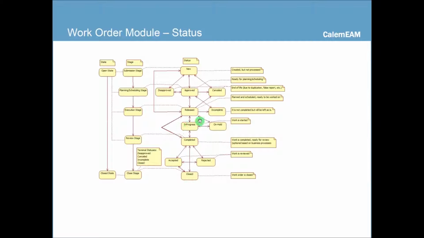And a work order can then be completed. It can optionally be accepted or rejected, then closed. You can see the approved status maps to the planning stage, the released status maps to the execution stage, and the completed status maps to the review stage. So the status drives the stage and state.